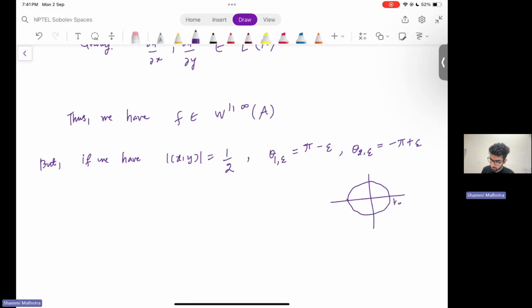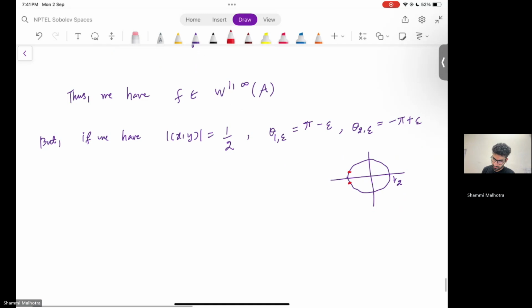In the radius half, I'm considering 2 points, one just close to angle pi, and one just close to angle minus pi.